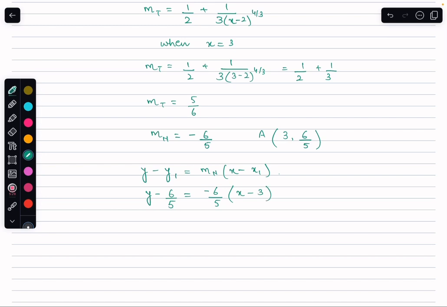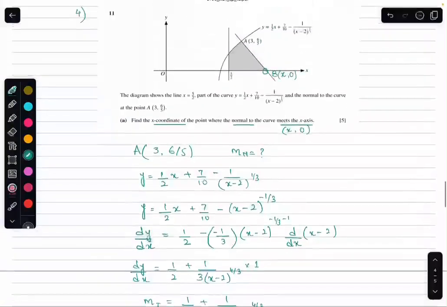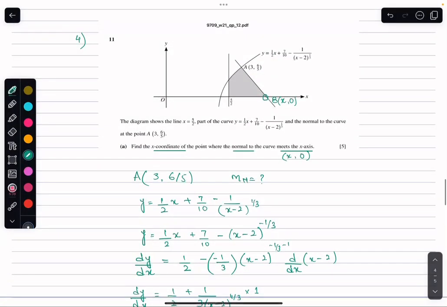So this is the equation of the normal, and the question says the normal is intersecting the x-axis, and we have to get the x-coordinate of the point where the normal to the curve meets the x-axis.